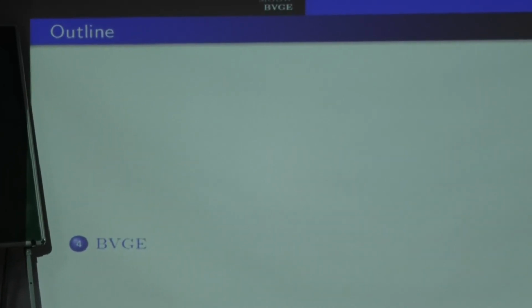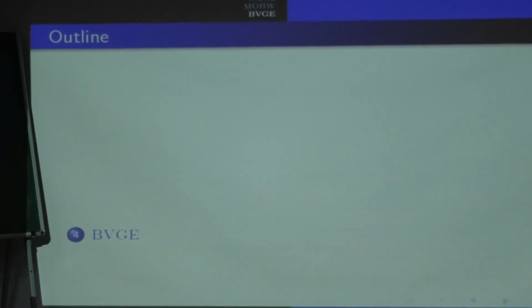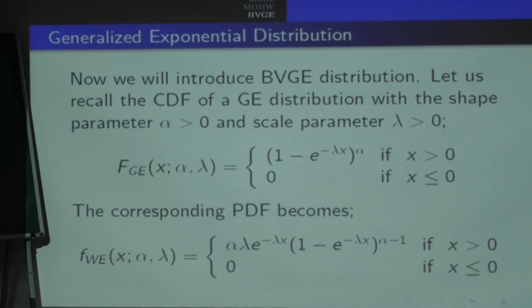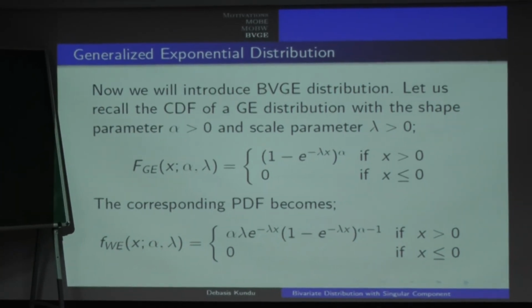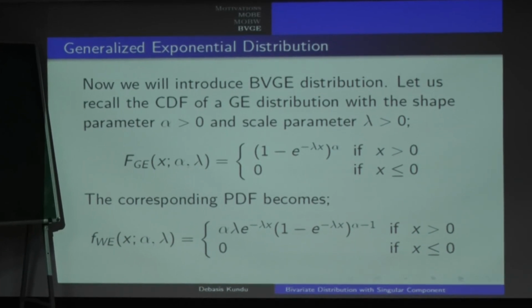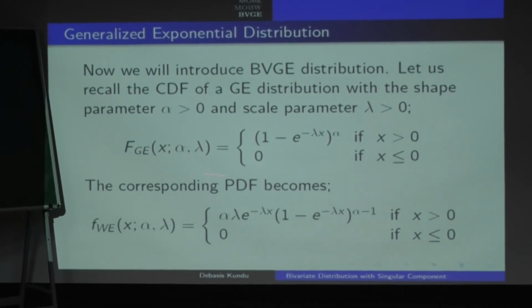This is the last one, which is similar to the Marshall-Olkin bivariate exponential, but put in a slightly different way. This is the generalized exponential distribution, which has a distribution function of this form.